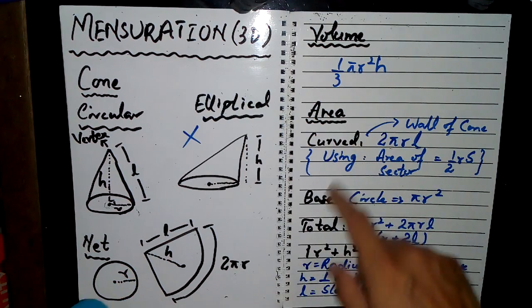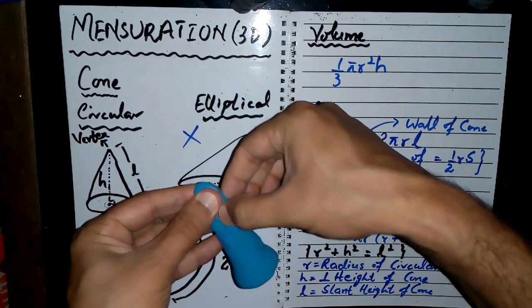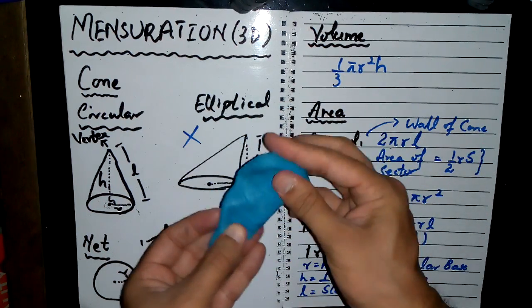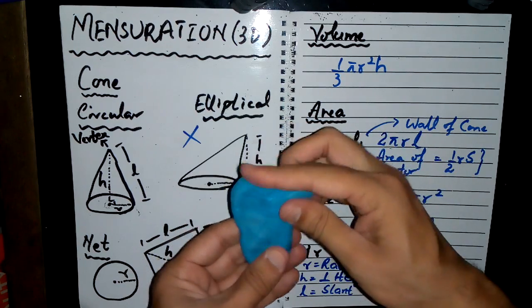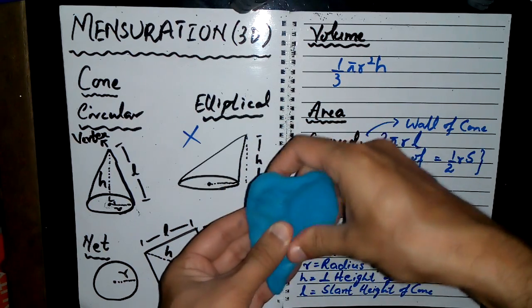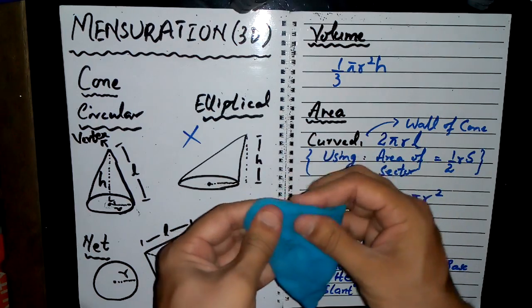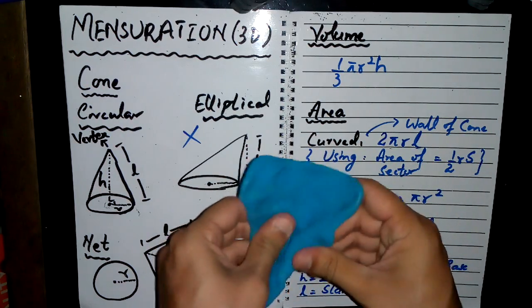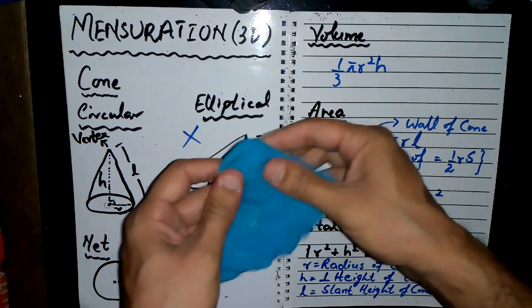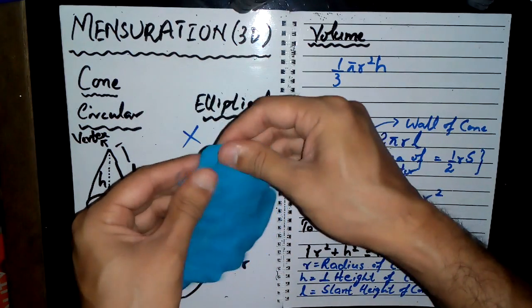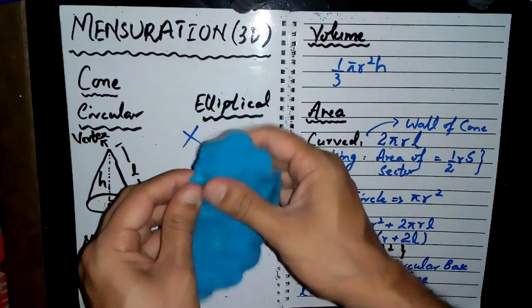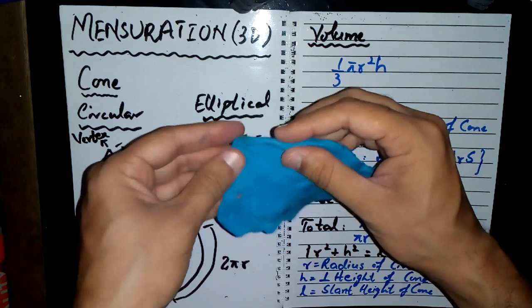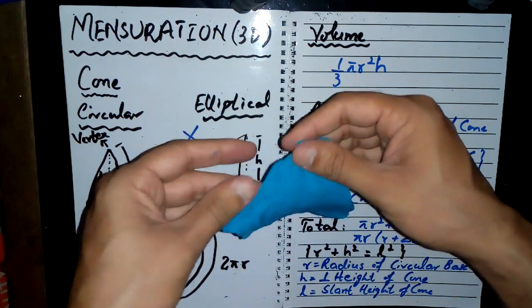Now for the curved area. When I unroll the cone, it is going to be a sector. I am trying to make a sector.